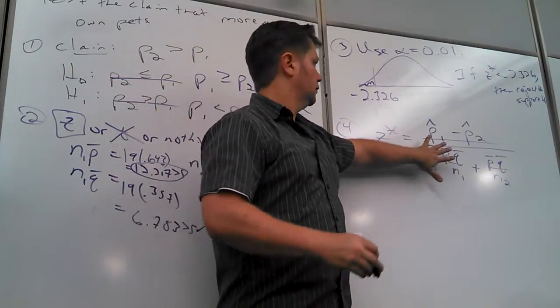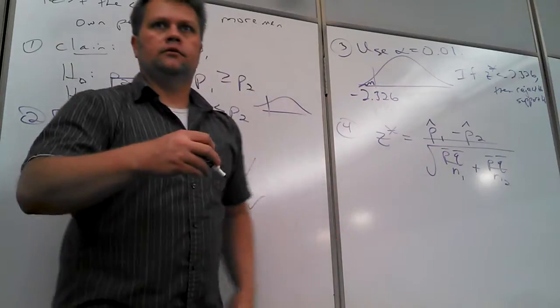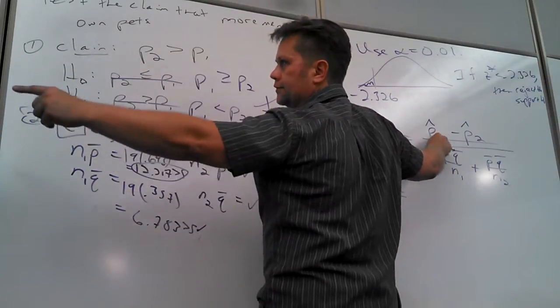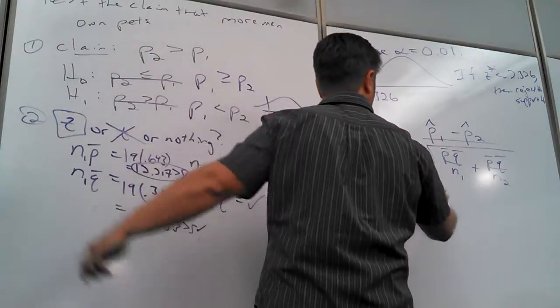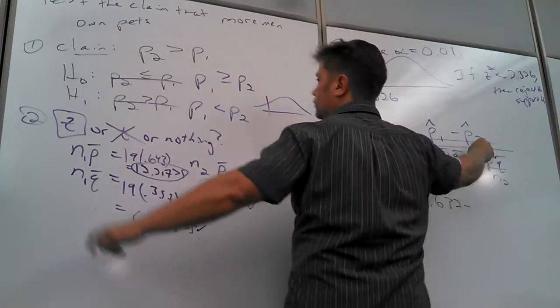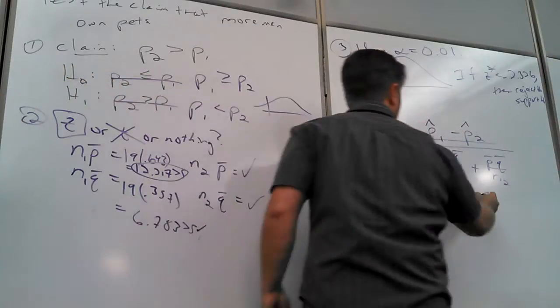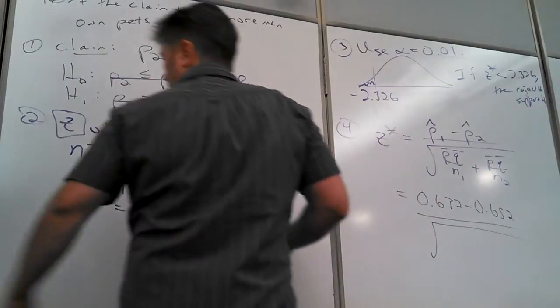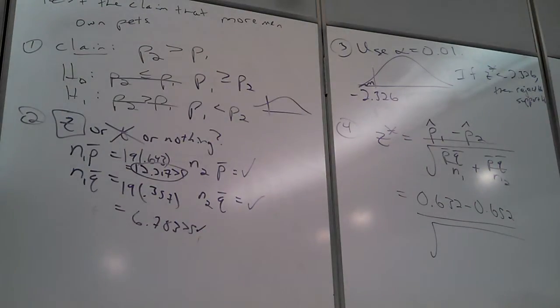I'm all right. So now it's just a plug and chug. And again, you just got to be careful about parentheses and all that kind of stuff. P hat 1 was 0.632. P hat 2, 0.652. Divided by square root of. P bar was 0.643. Q bar we used just a second ago. That was 0.357.